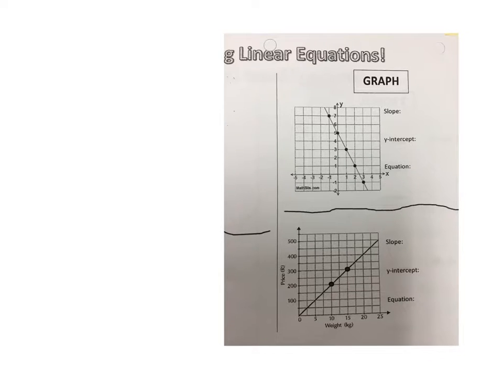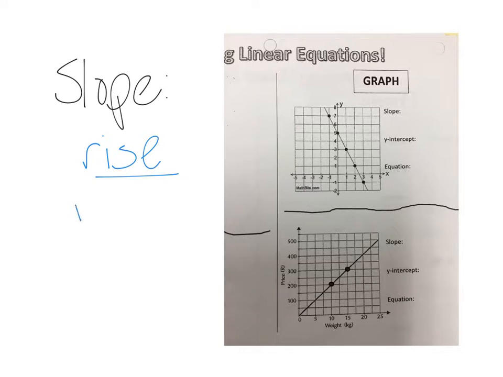What I'm going to be talking about today is when we find slope. All right, when we find slope, I'm going to talk about rise over run, and simply that means rise could be going up or down, and the run could be going right or left. All right, so think about the rise once again as the y-axis.